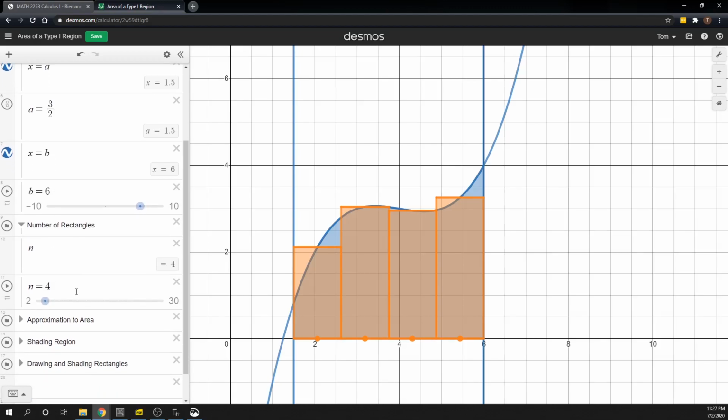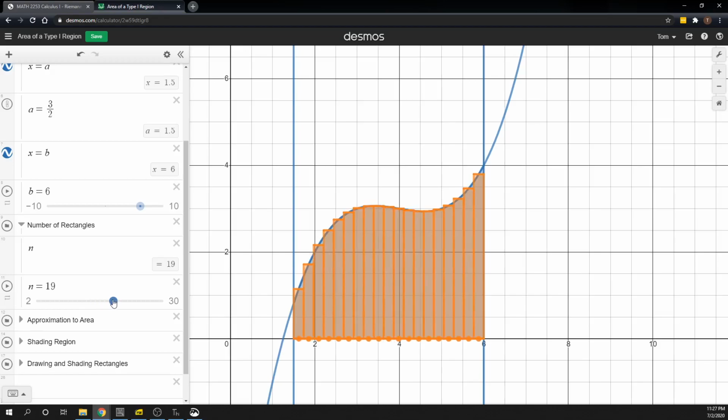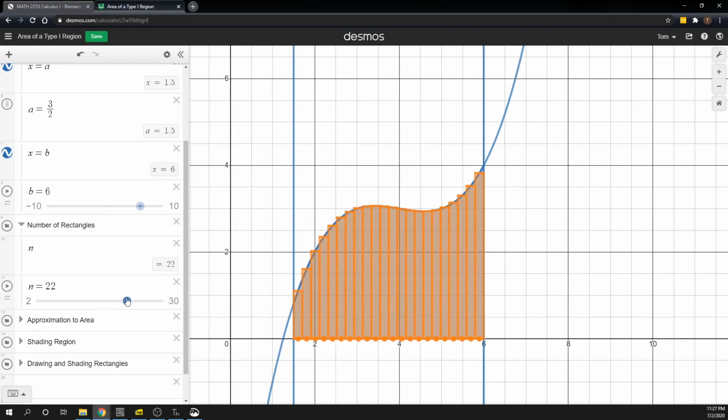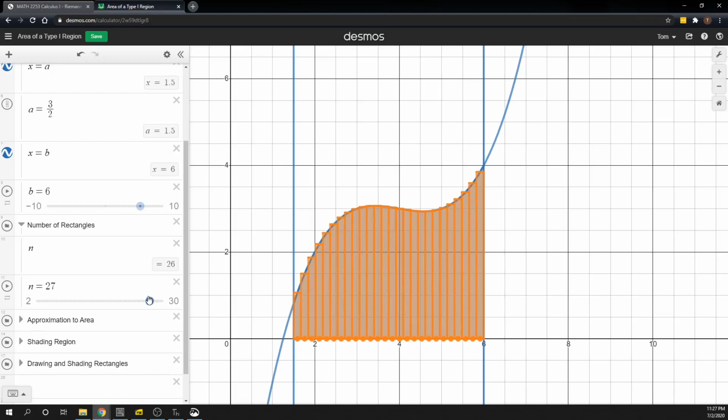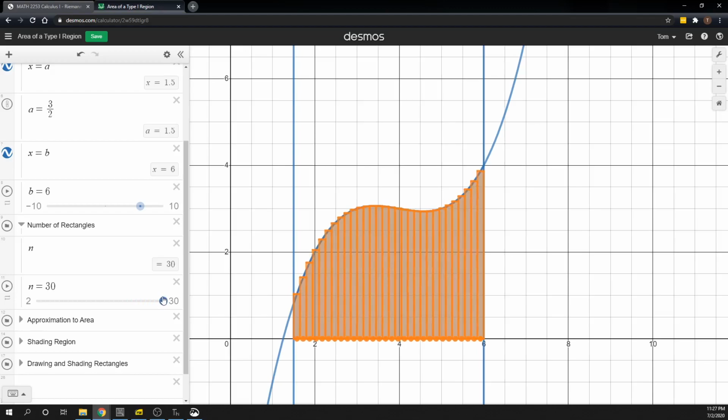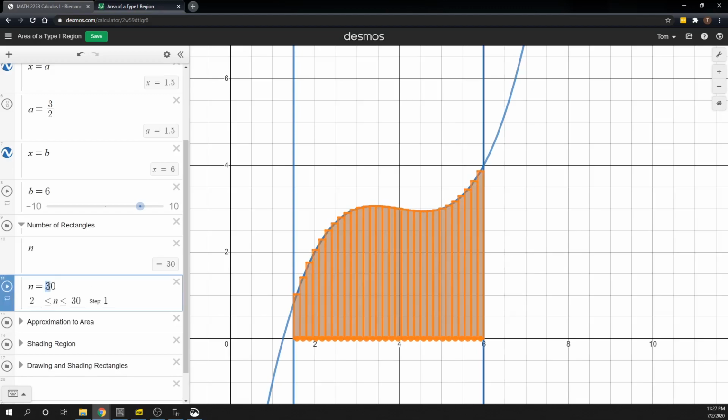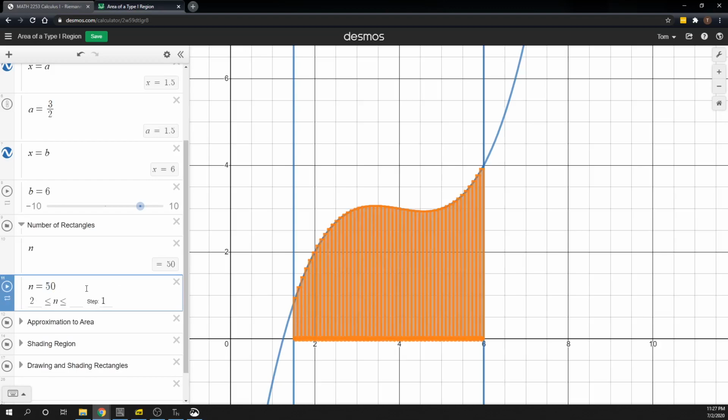And over here I have a little slider. You can see there's some overlap and underlap when I use 4 rectangles, with 5, 6. Now if I start increasing the number of rectangles that I use and make the rectangles thinner and thinner, then you'll see I get a better and better approximation. I don't want to increase this too much, but let's say I go to 50.